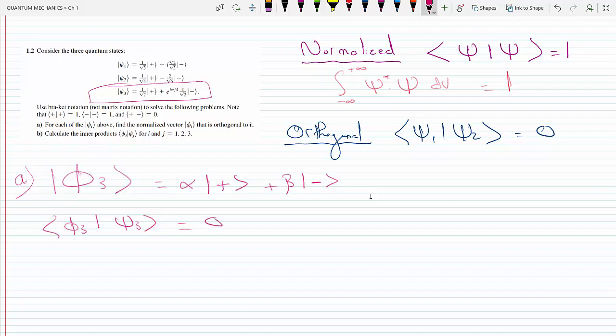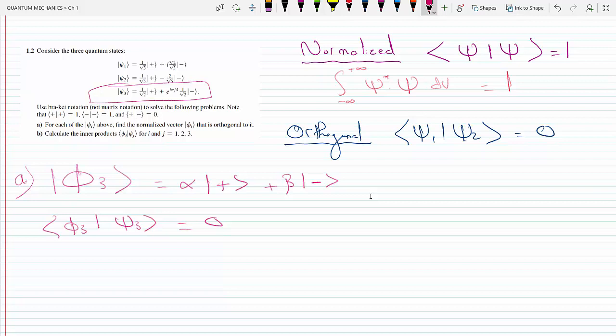Make sure you understand what's in chapter 1, which builds the road into these things much more extensively. Make sure you understand these basics, otherwise you're going to be lost in future chapters. Okay, so because they're orthogonal, this has to be 0.